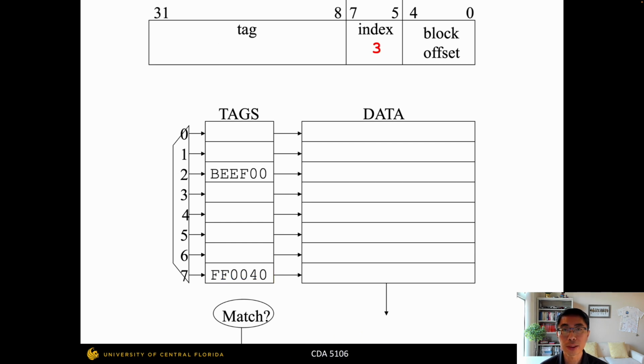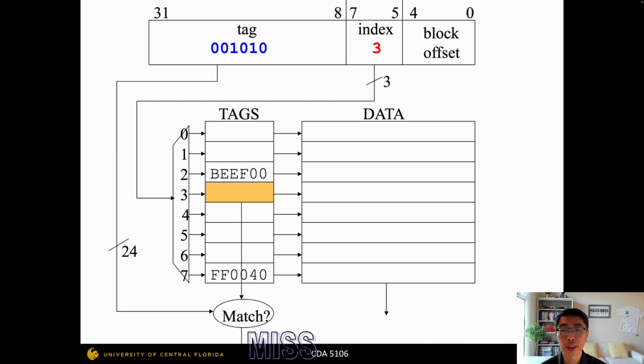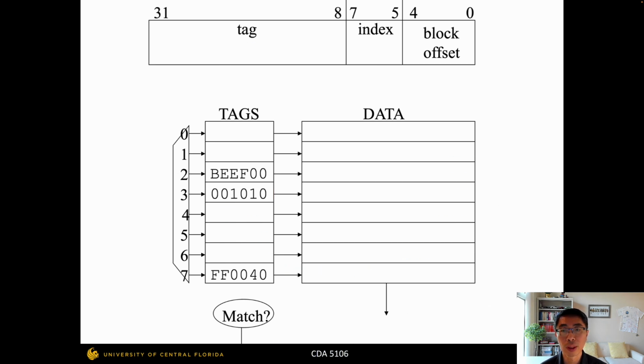Now we have an access to index 3. We read out set number 3, and the requested tag is 001010. We compare the tags and they mismatch, so we have a miss and we have to bring data from memory.